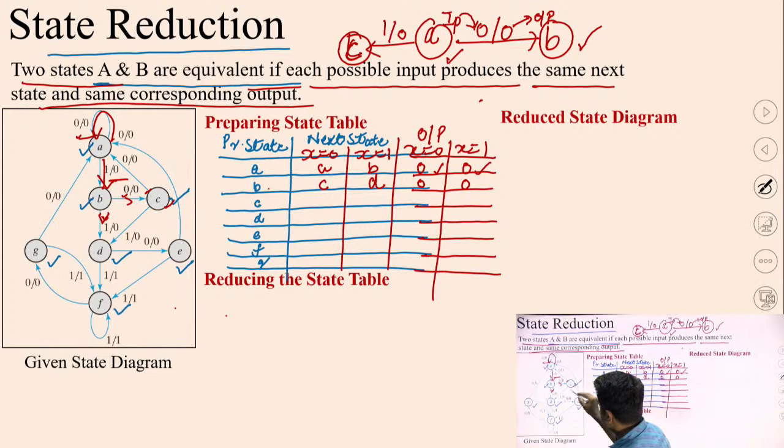Similarly, if you check C, input is 1, you are reaching state D and output is 0. And the second branch from C is here. If input is 0, output is 0, and the next state is A. Okay.